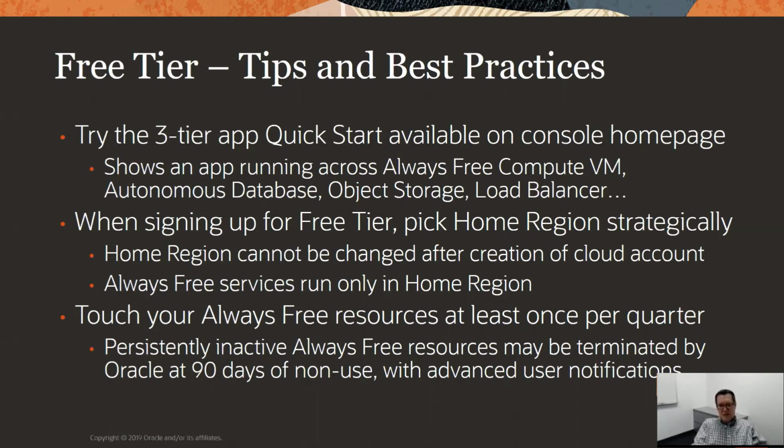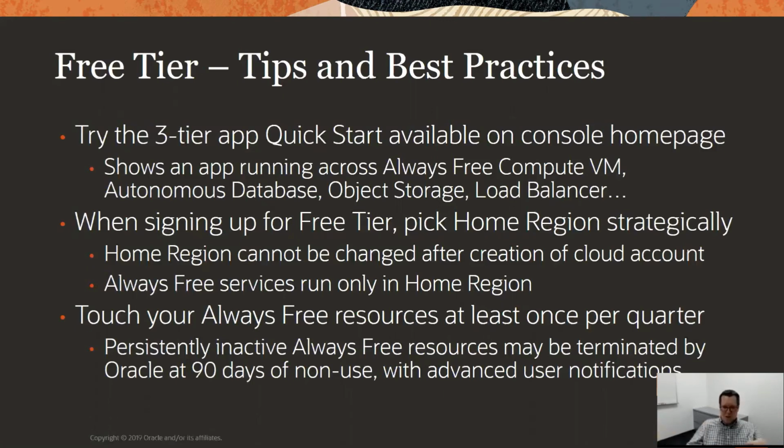And I've seen some clever things on the web already. Dimitri had an interesting post whereby he was having his free cloud VM ping his free autonomous database, and then using an Apex web service call, he was having the free autonomous database ping back the cloud VM.